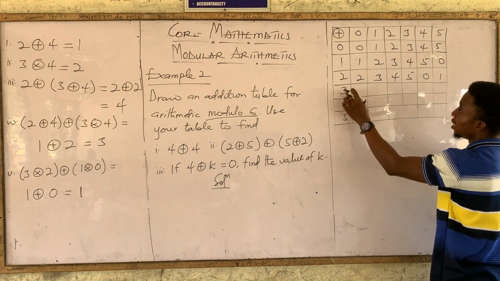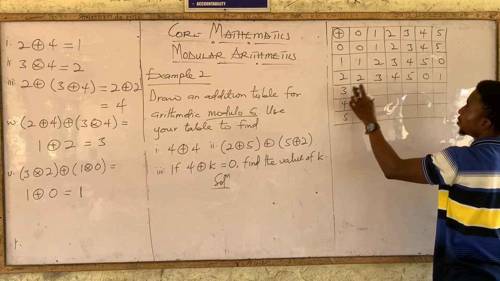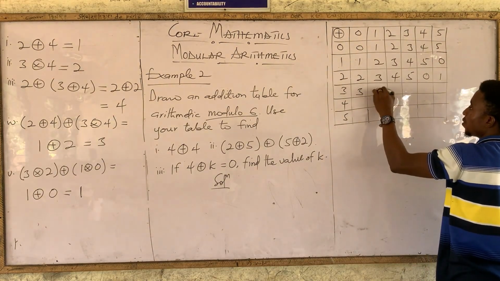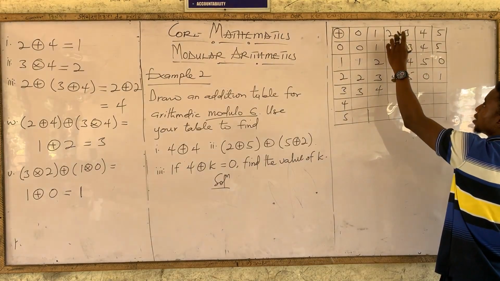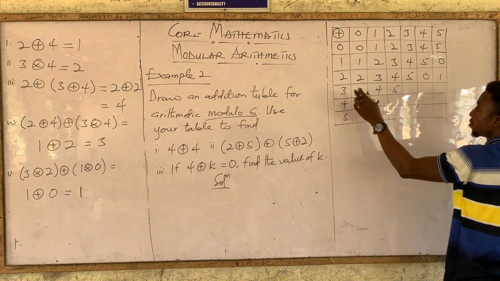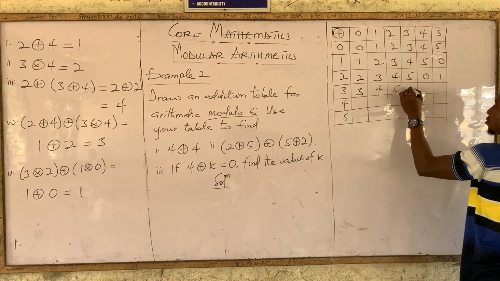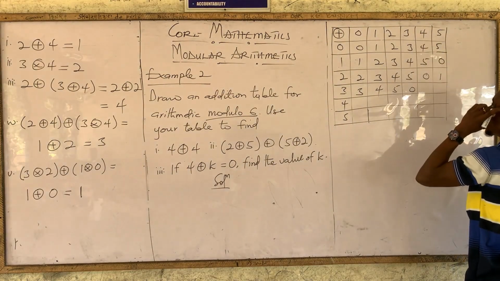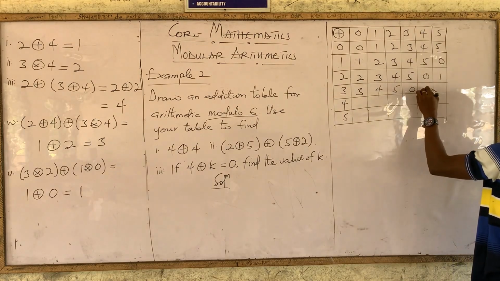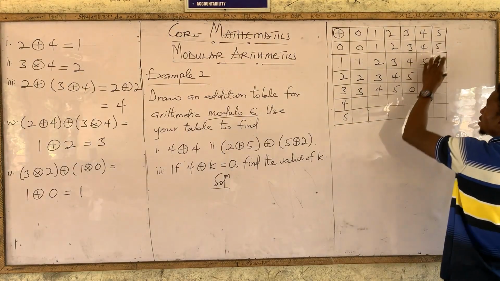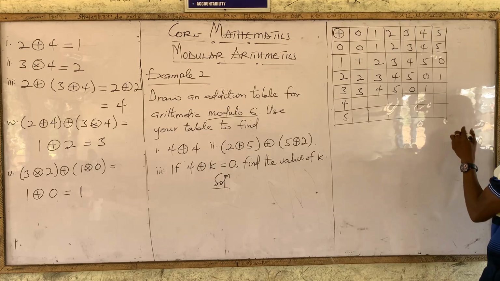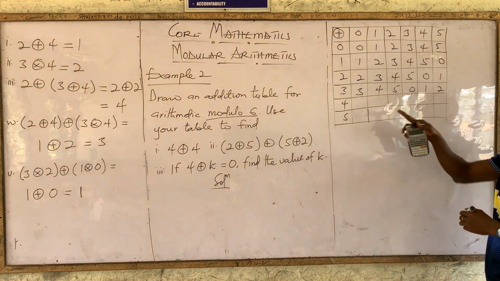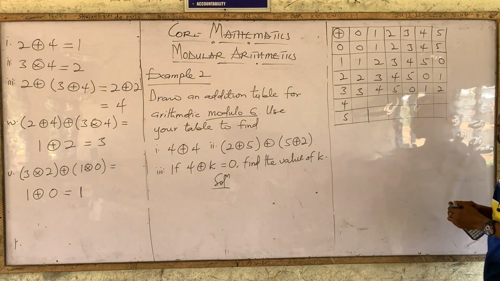Then 3 plus 0, 3, 3 plus 1, 4, 3 plus 2, I have 5, 3 plus 3, 6, so it will be 0, 3 plus 4, that is 7, so 1. 3 plus 5, that is 8. So 8 modulo 6 will get you 2. Are we getting that?